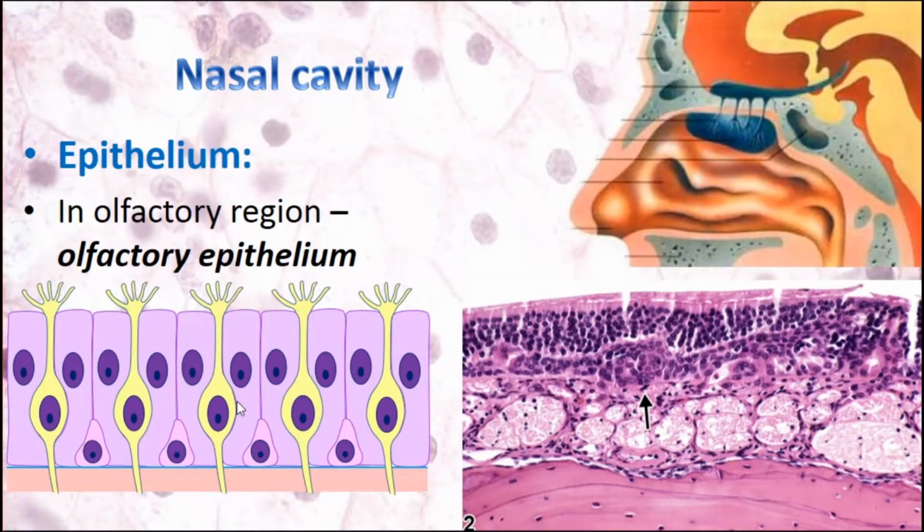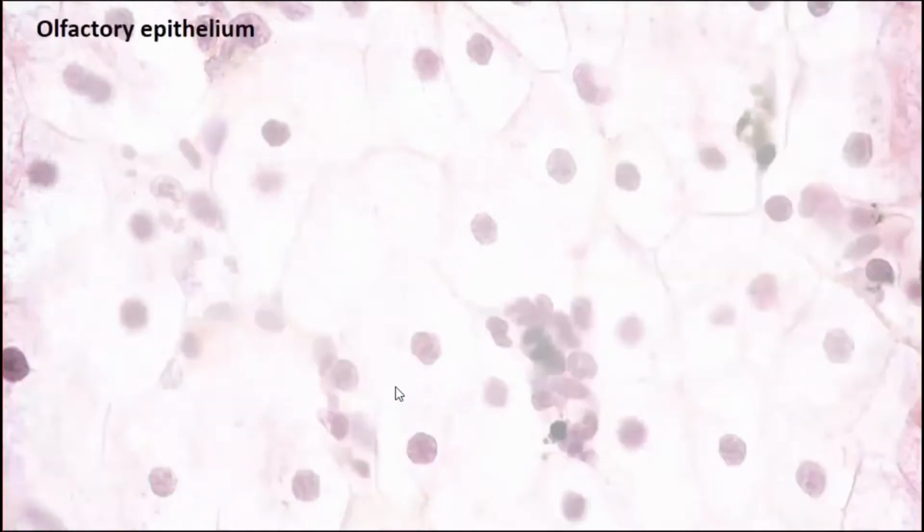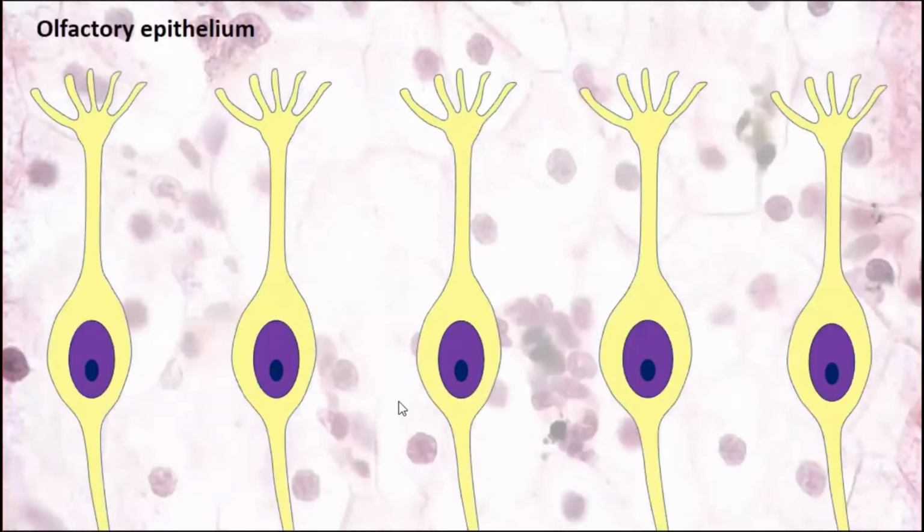Here we can see special olfactory cells. And let's look at this epithelium. So olfactory epithelium has main cells. They are olfactory cells. They are modified neurons. They have cell bodies, they have modified dendrite with cilia-like projections. Here we can see, and also these cells have modified axons.